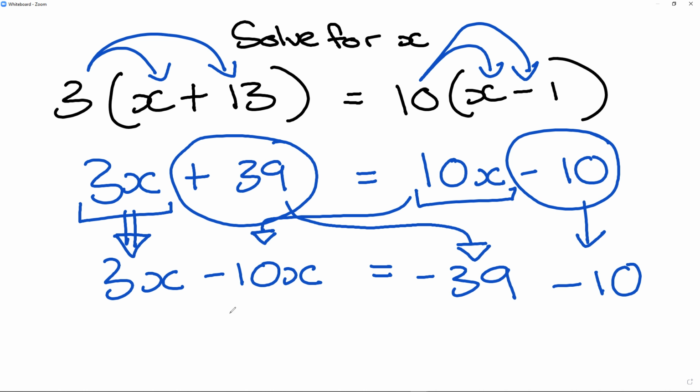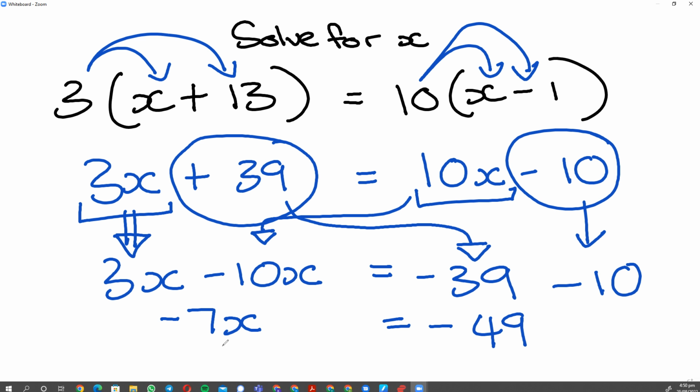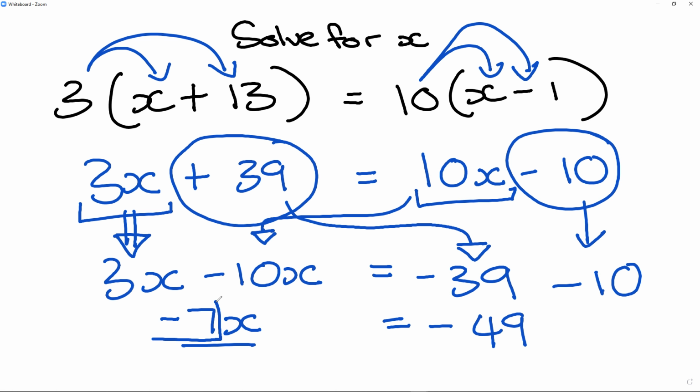On the left-hand side, I've got 3x minus 10x, which is -7x. And on the right hand side, I've got negative 39 minus 10. Using integers, it becomes a bigger negative, negative 49. Now I divide both sides by whatever's in front of x, because I want to get x alone, because I want to solve for x.